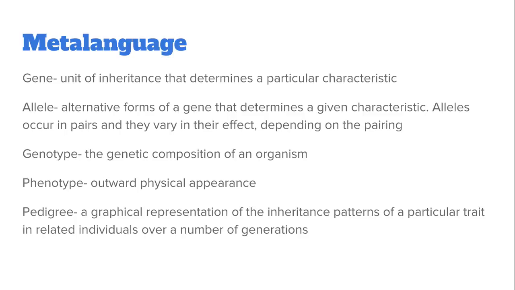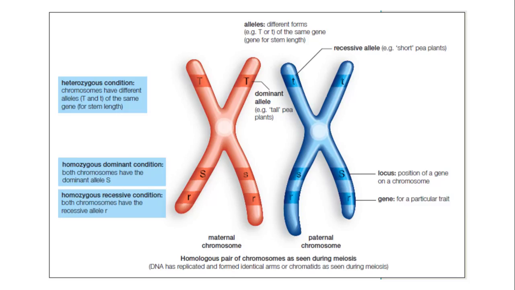The genotype is the genetic composition of an organism, whereas the phenotype is the outward physical appearance. So, in fact, some organisms can have different genotypes but similar phenotypes. And then we have a pedigree, which is a graphical representation of the inheritance patterns of a particular trait in related individuals over a number of generations.